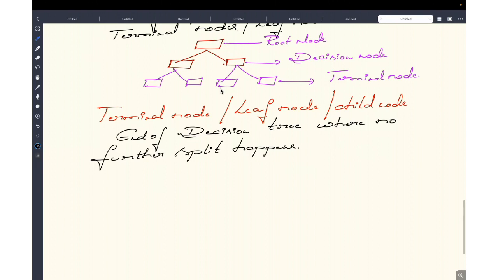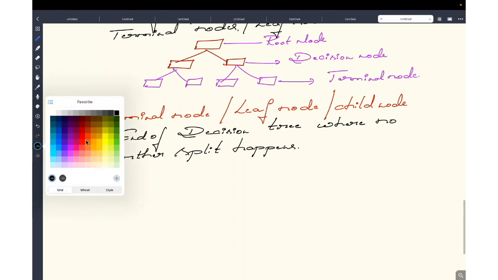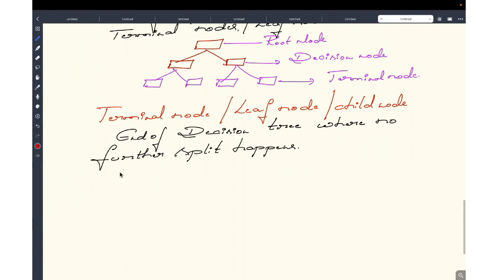Okay, then we have a concept called splitting. So what is splitting?